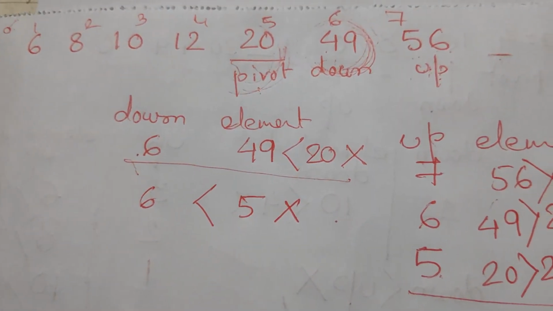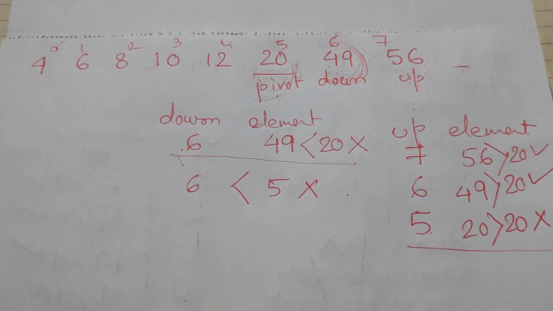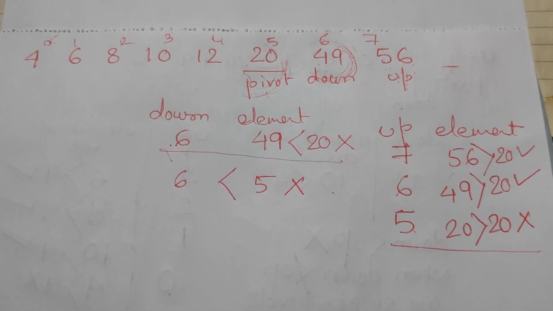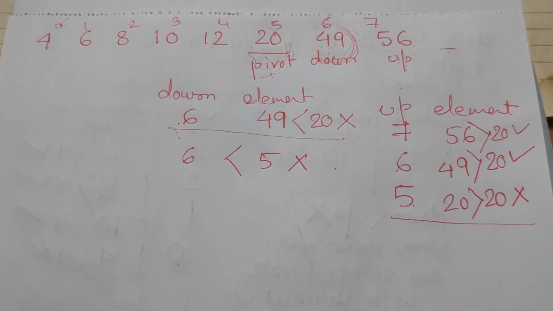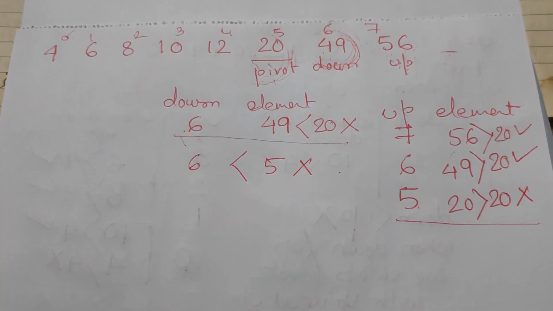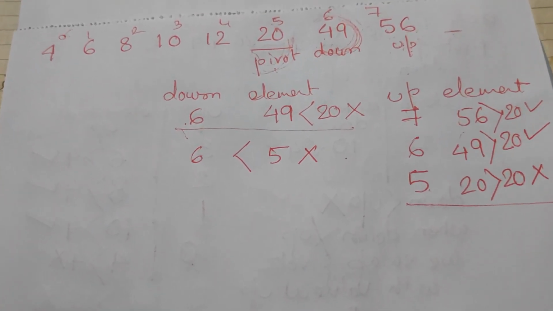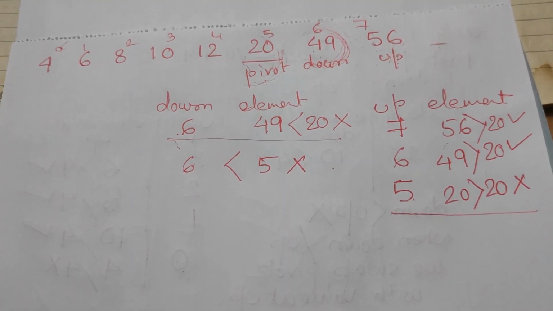So you see, the basic idea of quicksort is we consider a pivot element, and when we consider a pivot element, we traverse through the list to find out the correct location of the pivot element in the array. We place the pivot element in the array at its correct position.